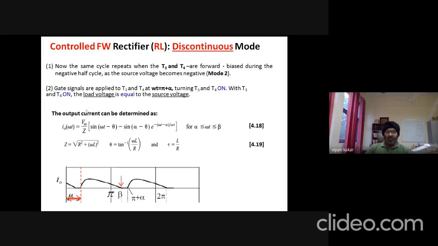In that case, first of all, you need to remember the same current equations which we derived during the half-wave rectification study. Same from alpha to beta, this is the load current, and this is the impedance, the phase angle, and the time constant.